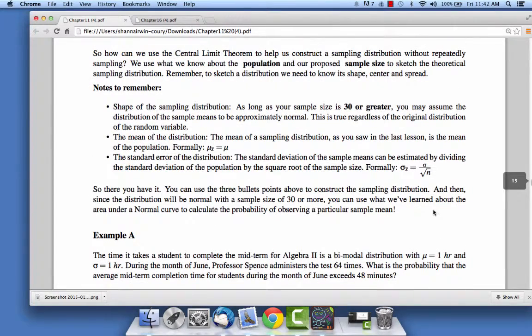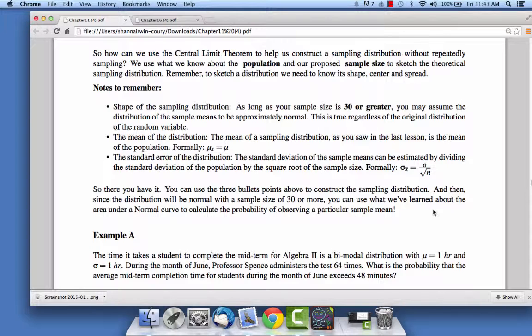So here's an example. The time it takes a student to complete the midterm for Algebra 2 is a bimodal distribution with mu equals 1 and sigma equals 1. During the month of June, Professor Spence administers the test 64 times.